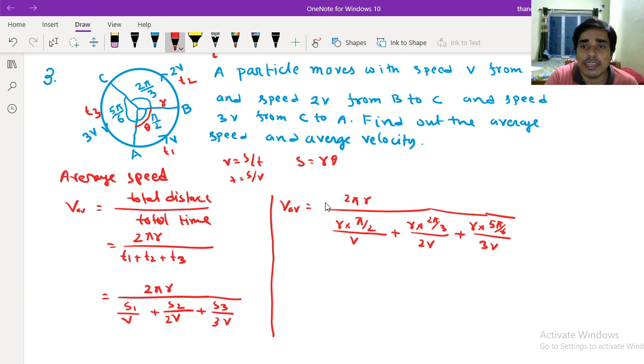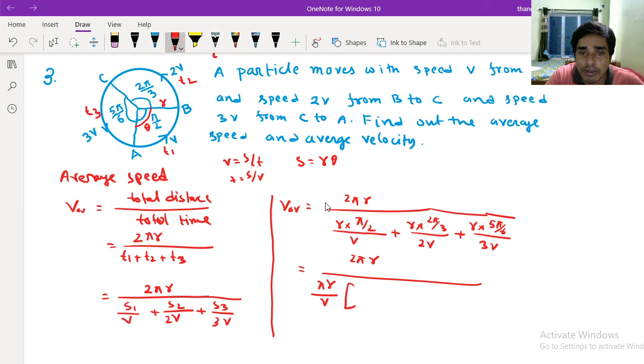This is the case. So it will be 2 pi r. Here only v is common and pi is common, r is common. So you can calculate pi r by v, common.